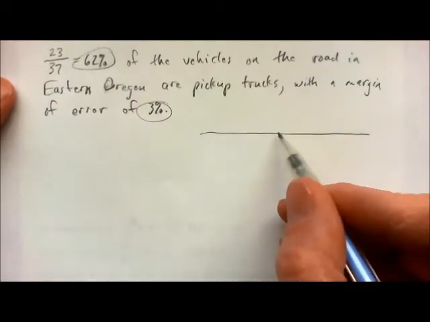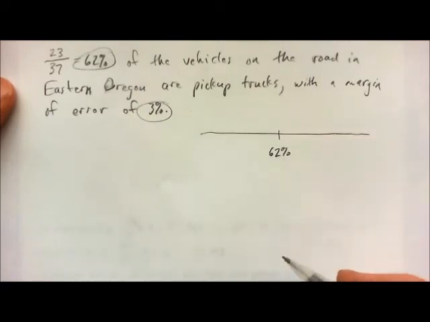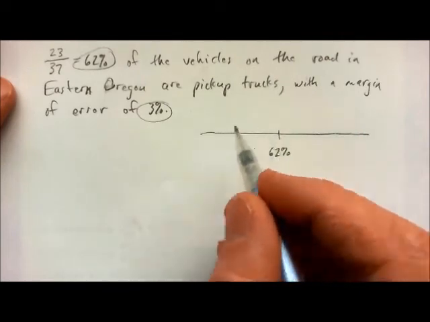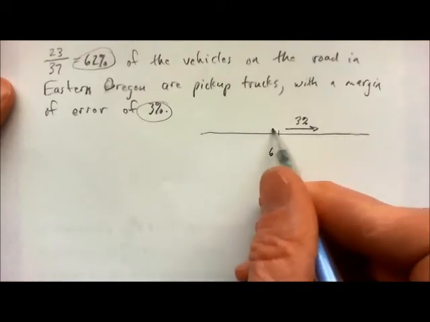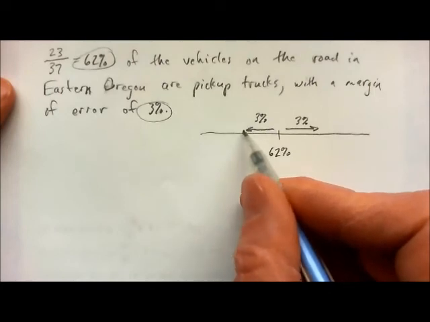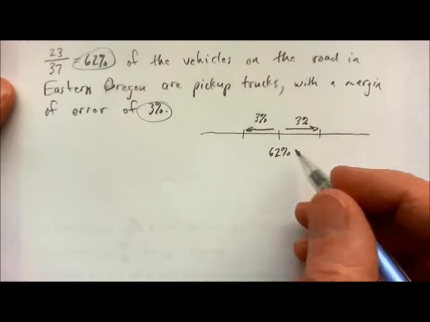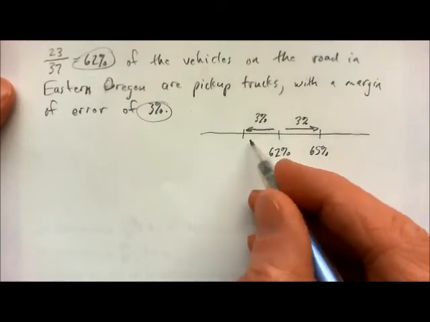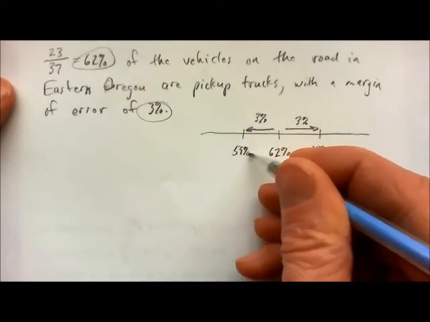Again, we'll just draw ourselves a number line, and we'll put 62% here. Okay, so this is a proportion rather than a mean. The units are just percent. And if the margin of error is 3%, then that means we go 3% this way and 3% this way, and that shows us where we could reasonably expect the true percentage to perhaps lie. So if we go 3% this way, that's 62% plus 3 is 65%. 62% minus 3% would be 59%.